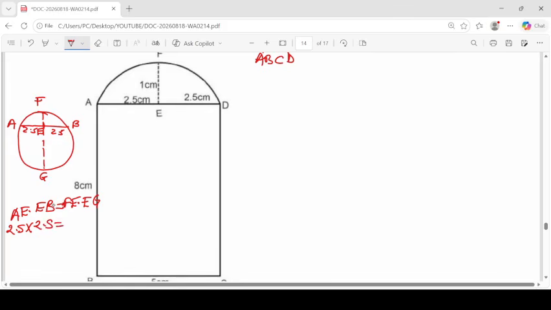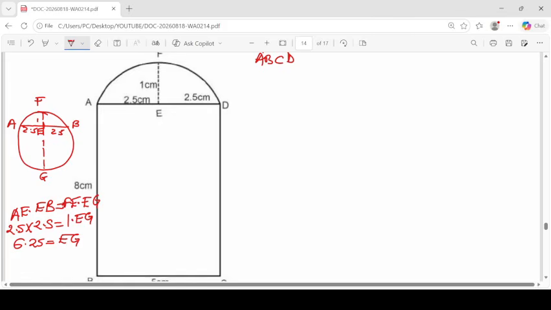This will be equal to FE. Our FE is 1, so that is 1 multiplied by EG, which I don't know. I can just maintain the value EG here. So 2.5 times 2.5, you are going to get 6.25. 6.25 is equal to 1 times EG. This is just EG.